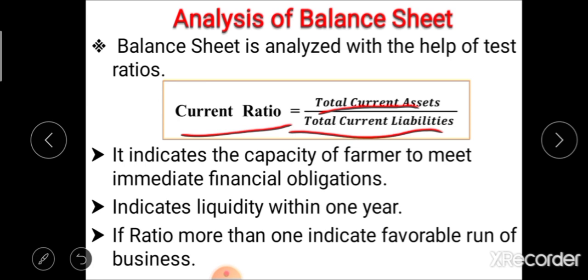This current ratio indicates the capacity of the farmer to meet immediate financial obligations, and indicates the liquidity position of the farm within 1 year.